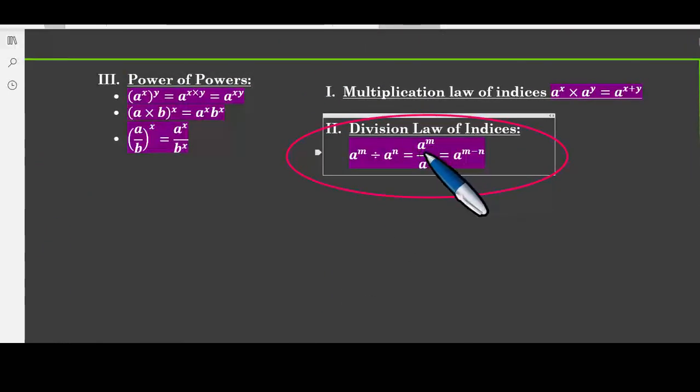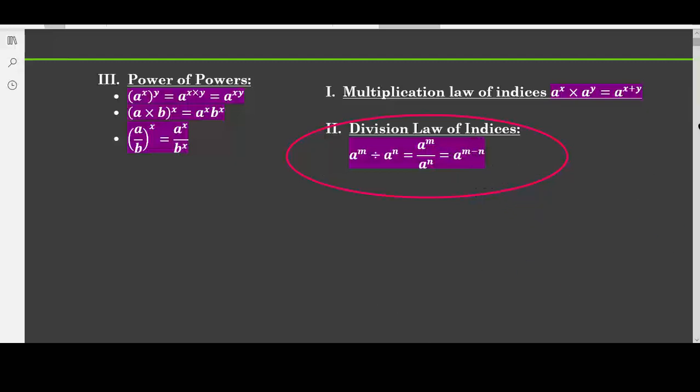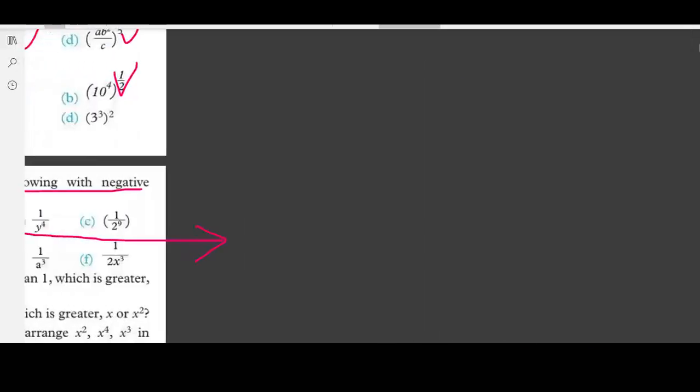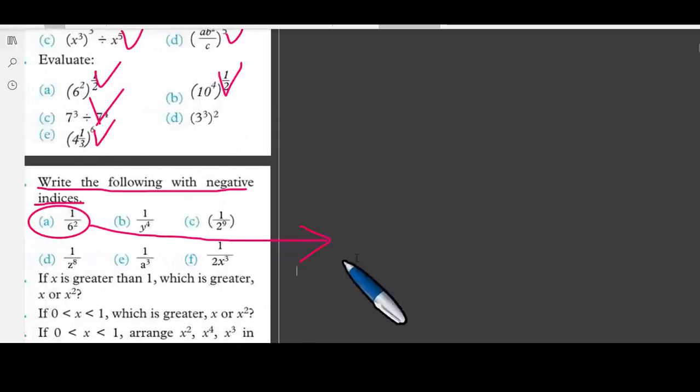See this one. This will help us to write as negative indices, because when you have something under the fraction bar, go above the fraction bar with the negative sign. Now let's see how to work.